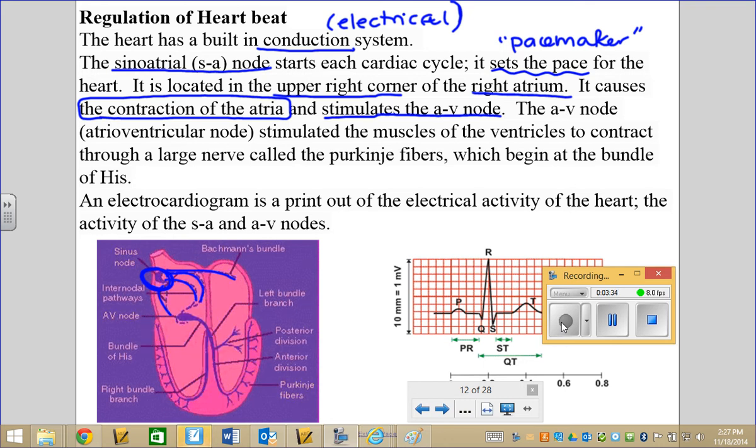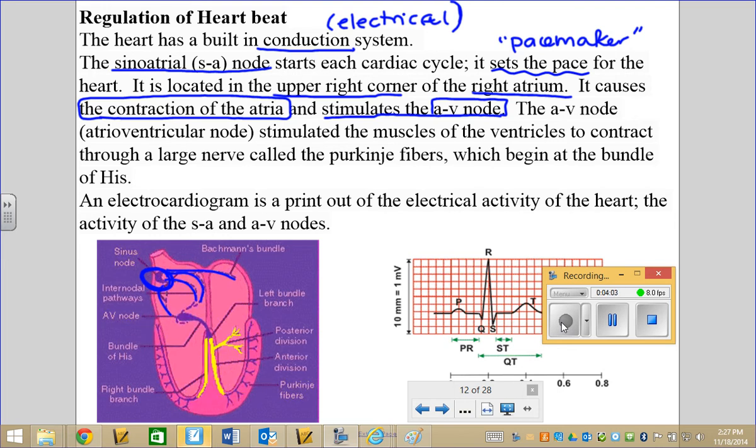So when the SA node is stimulated, it sends a signal through muscle fibers to both of the atria, and it tells them to contract. That pushes blood from your atria through a valve to your ventricles. It also stimulates the AV node, which is the next collection of nerve fibers down the pathway.